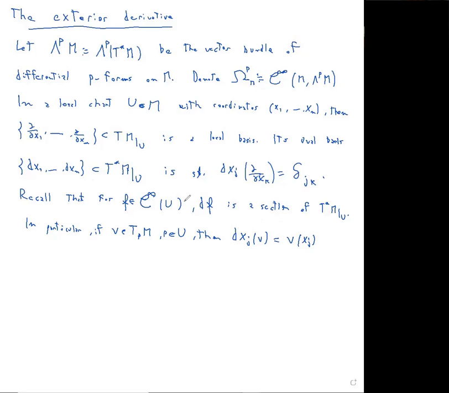So it's also a smooth function on U, so we can apply vector fields to it. Okay.